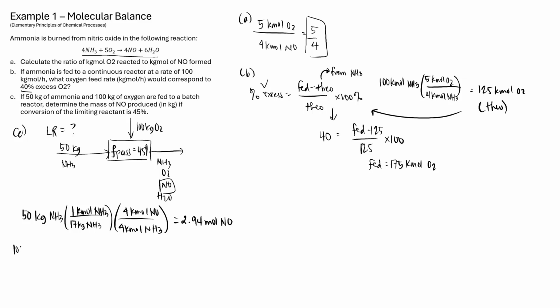Next, how about the 100 kilograms O2? That's 32 kilograms to form 1 kilomole. And then, based on the equation, 5 kilomoles of O2 is needed to form 4 kilomoles NO. So this is 2.5 kilomoles NO. So that means O2 is the limiting reactant.